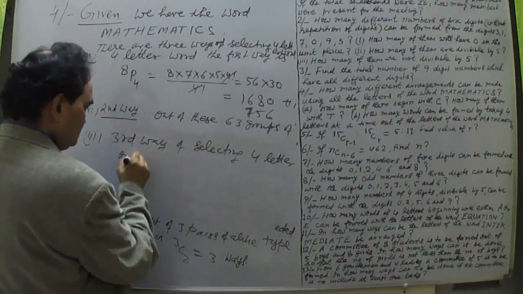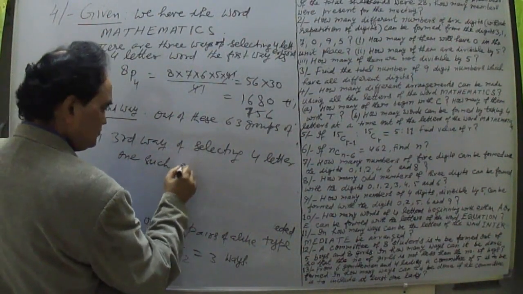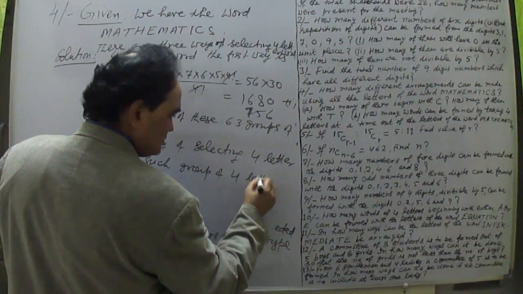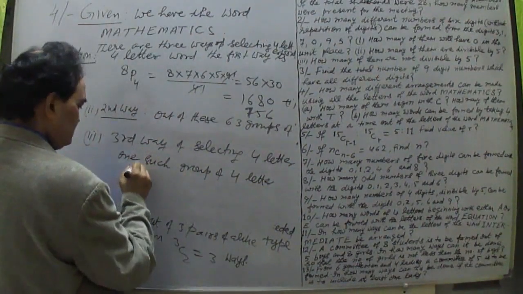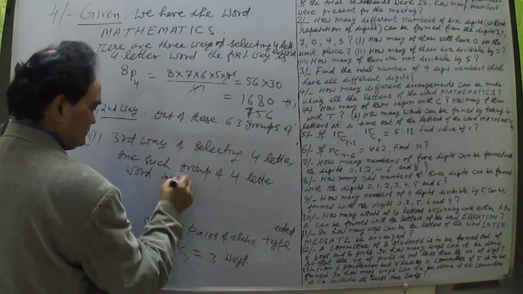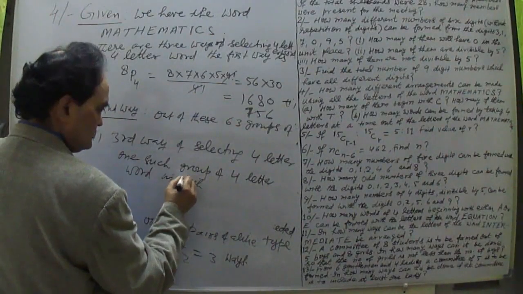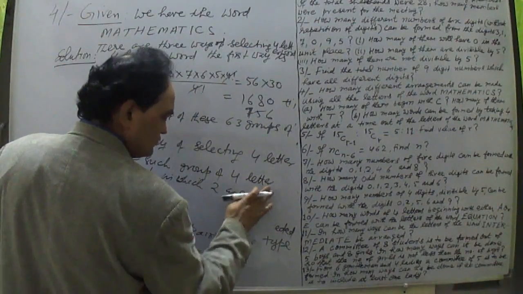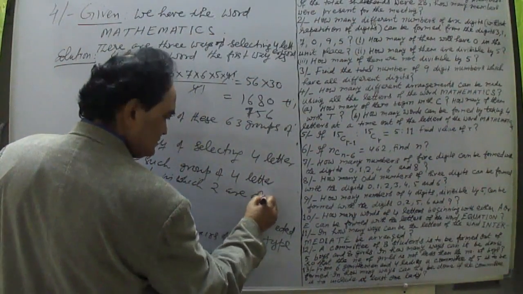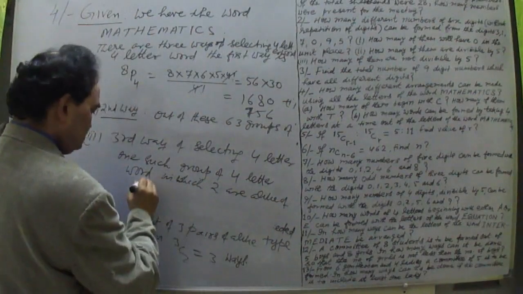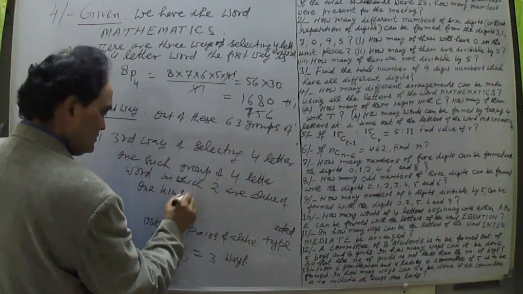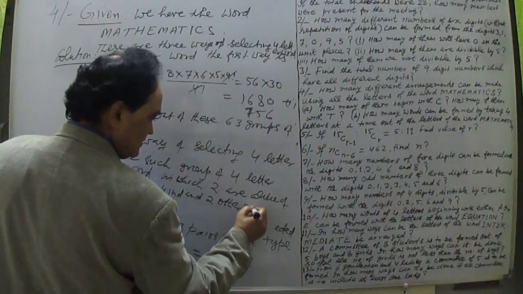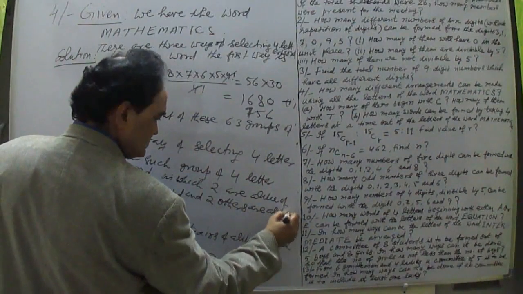Now one such group of four letter word in which two are alike of one kind, and two others are alike of second kind.